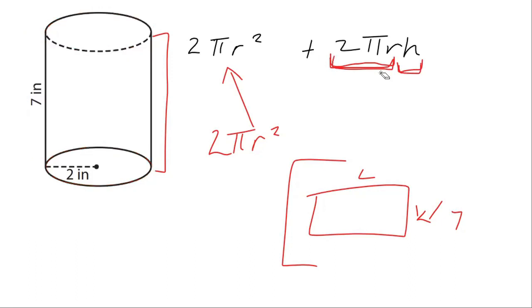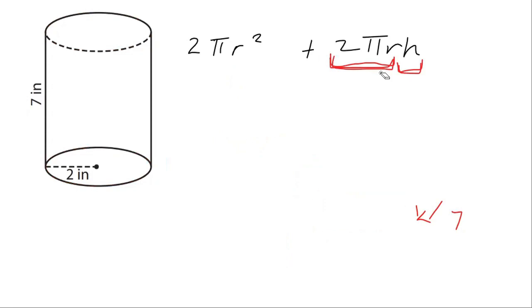Now, you might not be expected to explain how the formula is originated, but when you understand where it comes from, it becomes a lot easier for you to understand what you're doing. Now, let's go ahead and actually solve the problem.